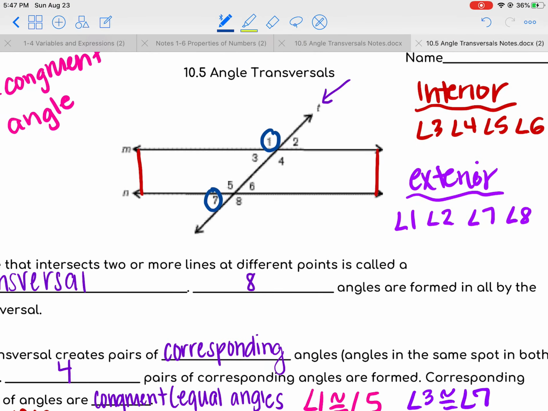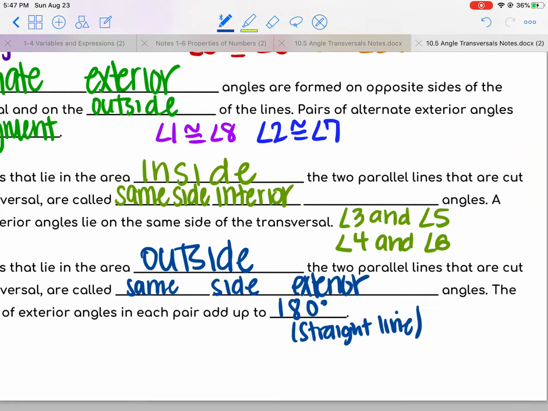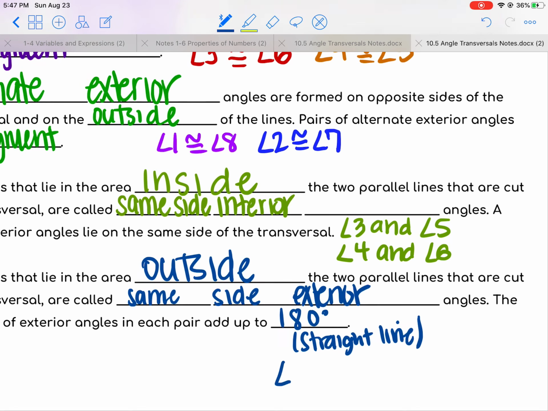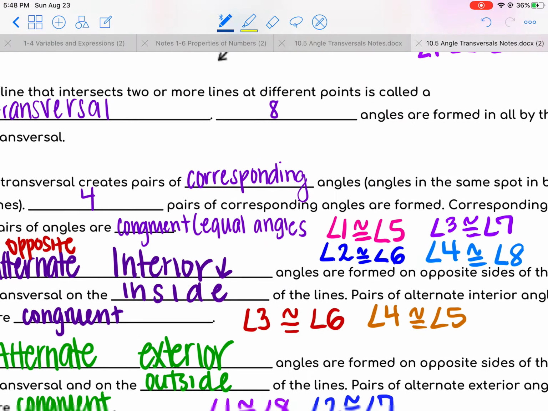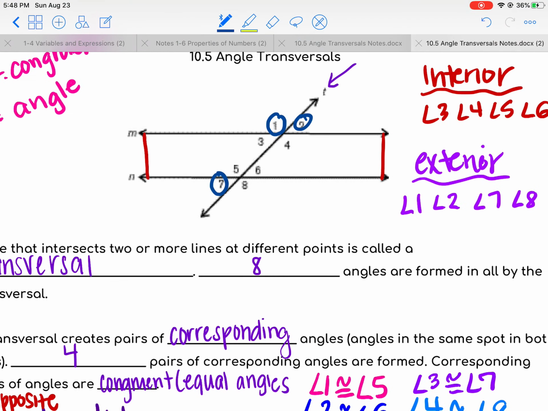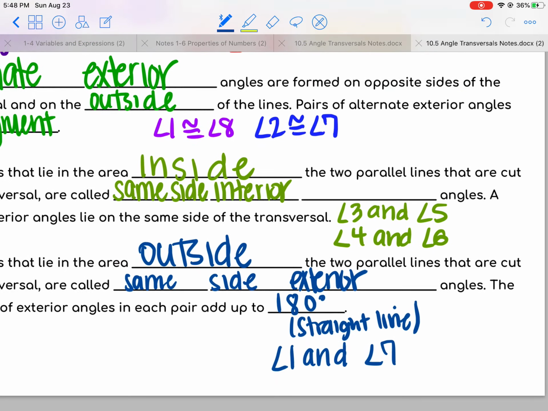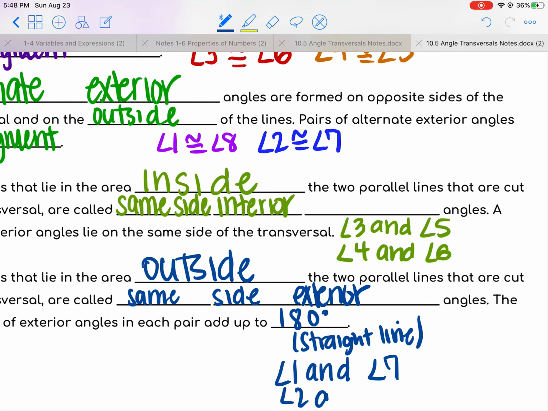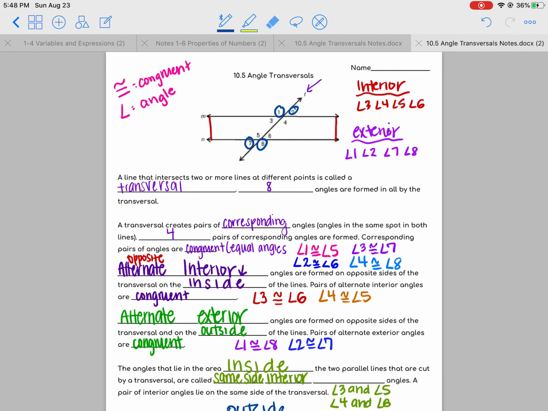So if I added up angles 1 and 7, I would get a straight line. But they are not congruent. And then the other pair ends up being angles 2 and 8. That's a lot of information, but it will make sense once we start putting numbers in it.